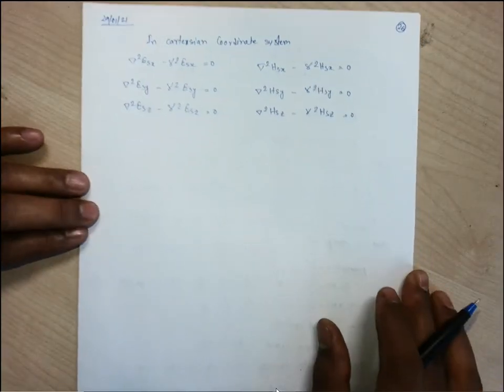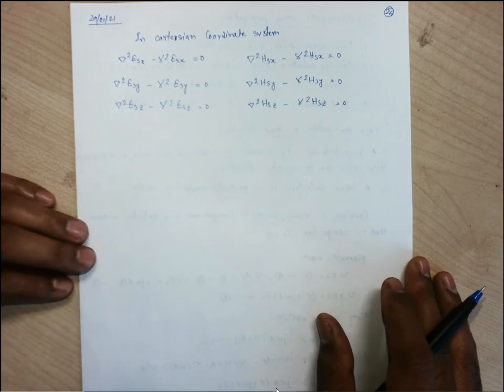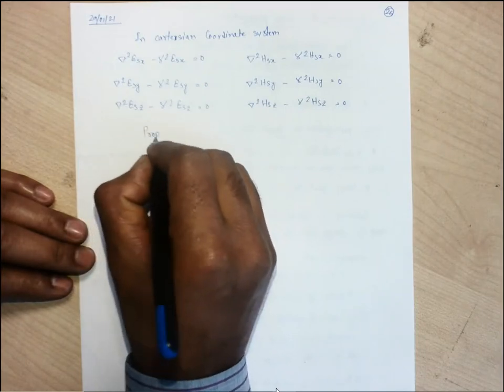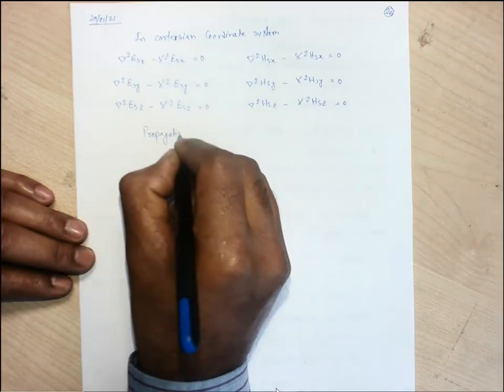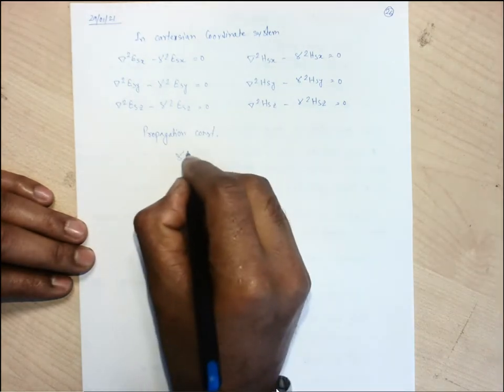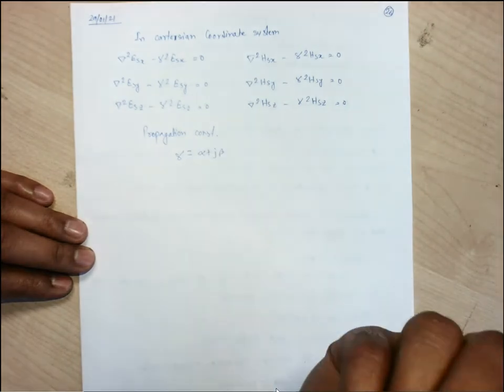Now we'll do some mathematical manipulation with respect to the propagation constant. So what do we know about the propagation constant? Gamma is equal to alpha plus j beta, right?